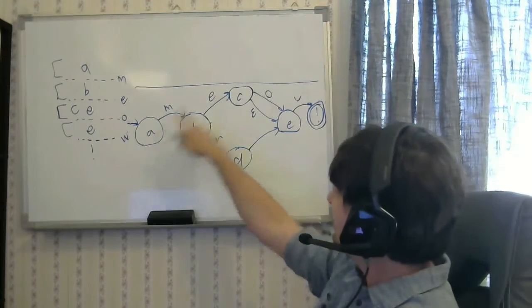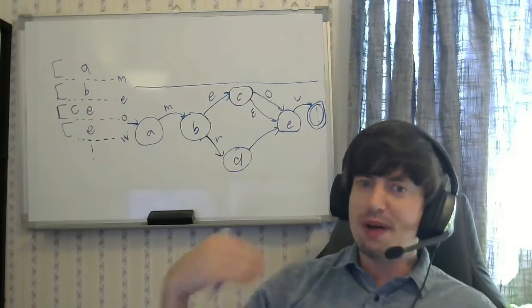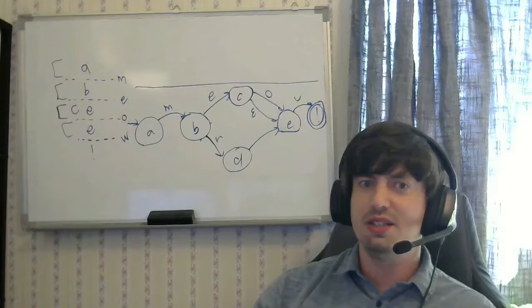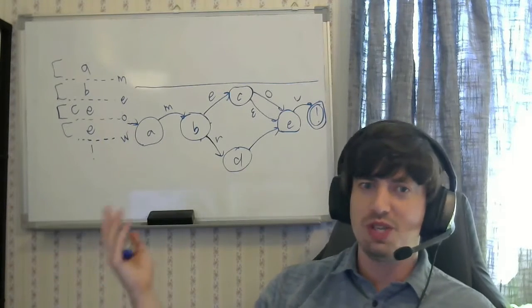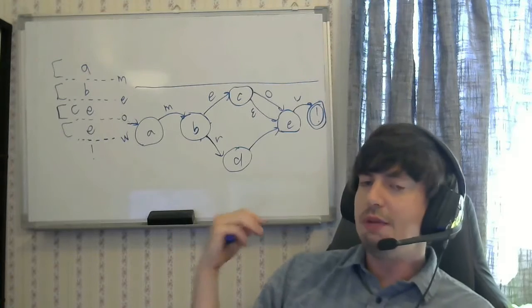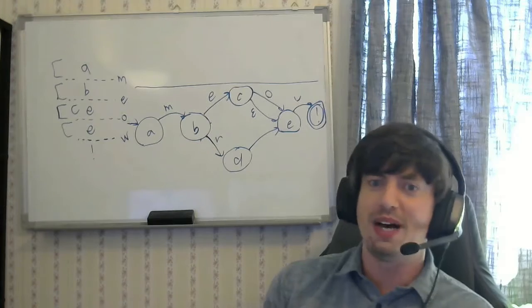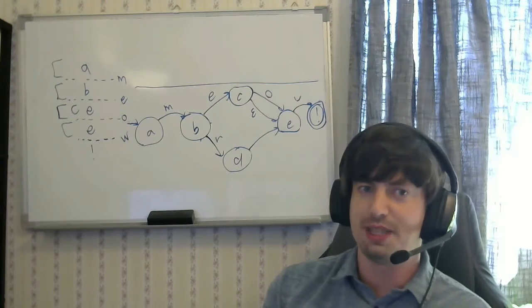So given that in this system there are 2, 4, 6 states, every possible combination of them is the power set. We've got 2 to the 6 possible combinations in theory. In practice, not all of those are going to be usable because we can't get from every possible subset to every possible other subset.